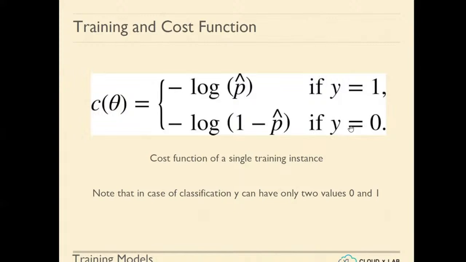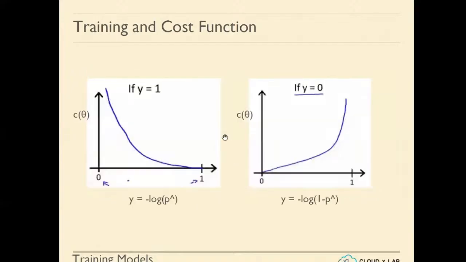If the input belongs to the negative class, then we take minus log 1 minus p hat as the cost function, right? Here on the x-axis we have the positive or negative class information, and on the y-axis we have the cost function C theta.